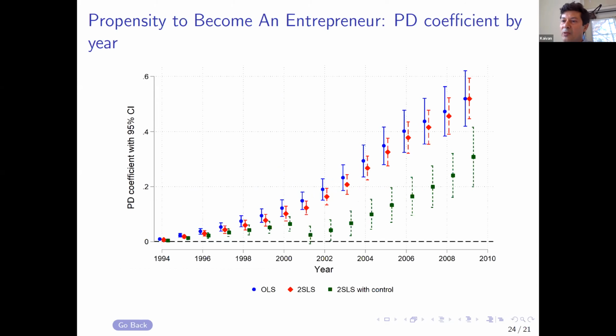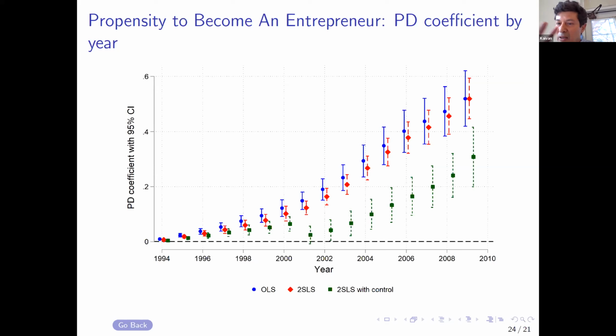Okay, so this controls for the population, for example. And we regress this propensity to become an entrepreneur on the population density. And what I'm reporting for you here is the coefficient on the population density at each point in time. Okay, the blue circle, and of course the vertical line is the 95% confidence interval.